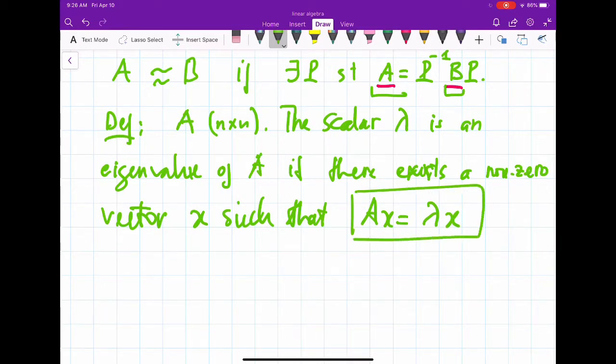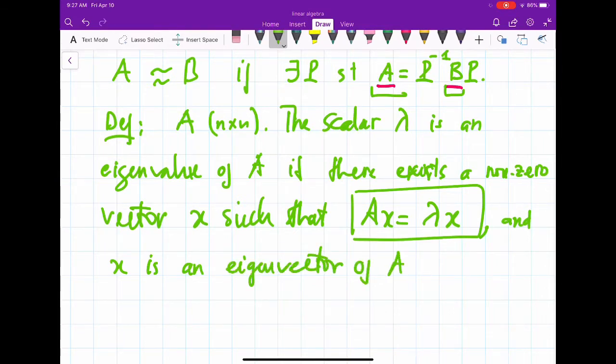In this situation, x is called an eigenvector of A corresponding to lambda. So the definition is pretty easy.